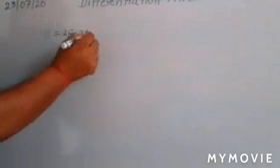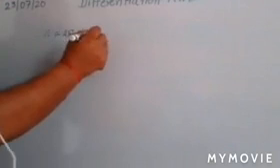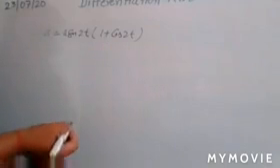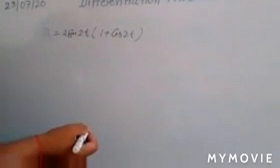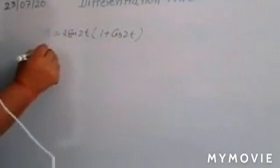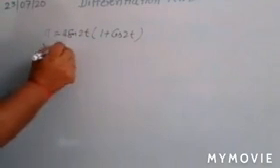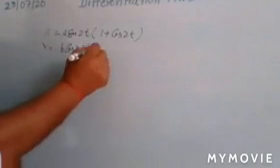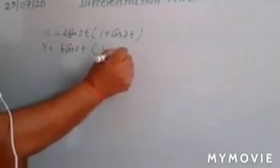X is equal to a sine 2t into 1 plus cos 2t, and y is equal to b cos 2t into 1 minus cos 2t.